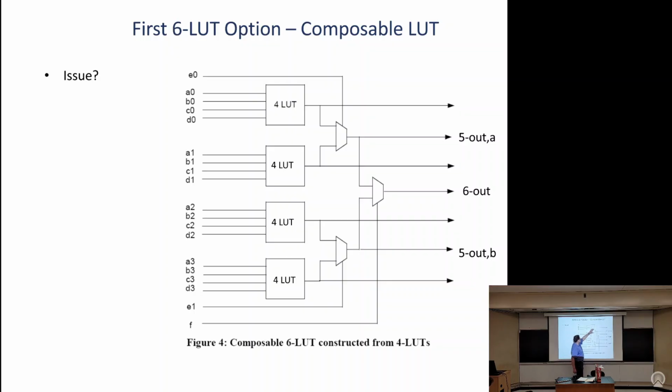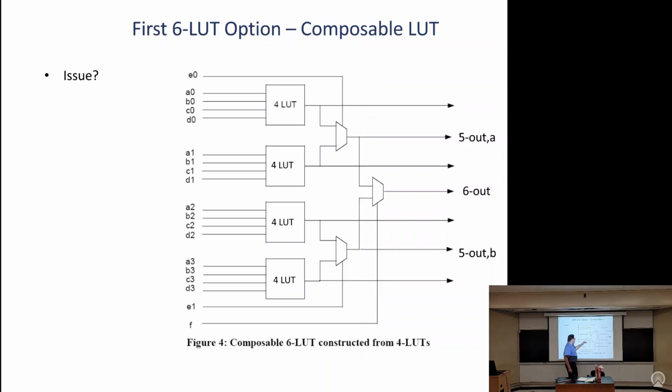Then I combine the outputs of 2 LUTs with a mux. That's actually a 5 LUT, right? Another input comes in and selects that. I do it down here as well. Then a sixth input comes in and runs this last stage of muxing, making my 6 LUT. If I only had this output, this would just be a regular 6 LUT.